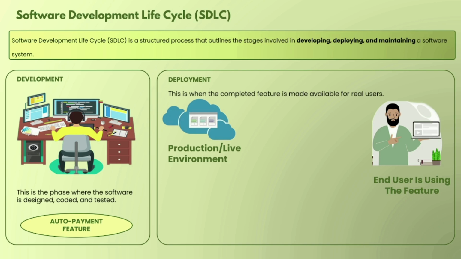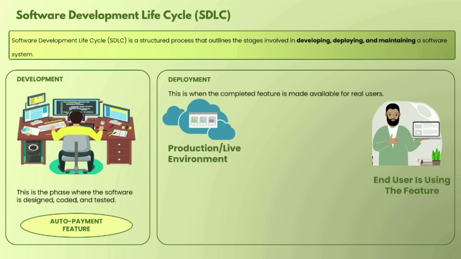That is called the production or live environment, and the one who uses that particular system is called the end user. Now see, when a developer writes code for a new feature, it is not immediately available for the customer to use. In IT, the platform where the customer accesses the final version is called the production or live environment.